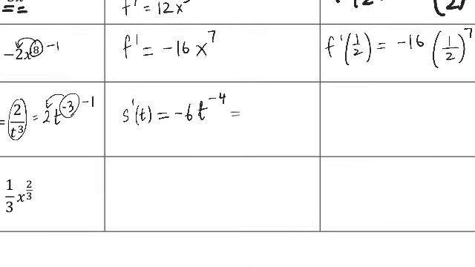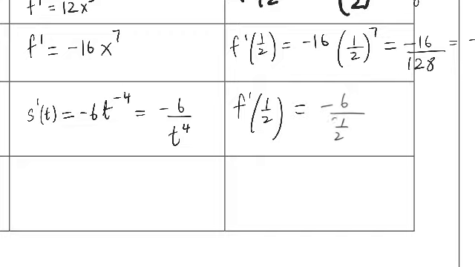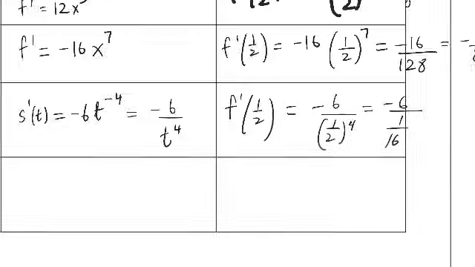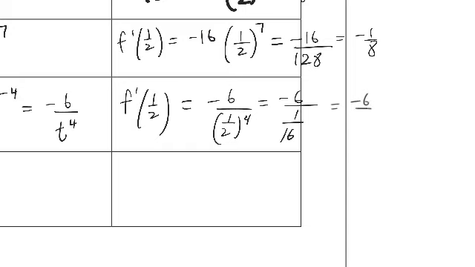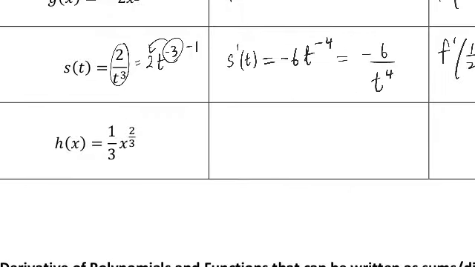So this can be written as negative 6 over t to the fourth, and if you wanted to do f prime of 1/2, that would be negative 6 over 1/2 to the fourth. 1/2 to the fourth, I believe, is 1 over 16. So now keep the top fraction, change the operator, flip the second, or multiply by the reciprocal to get negative 96.